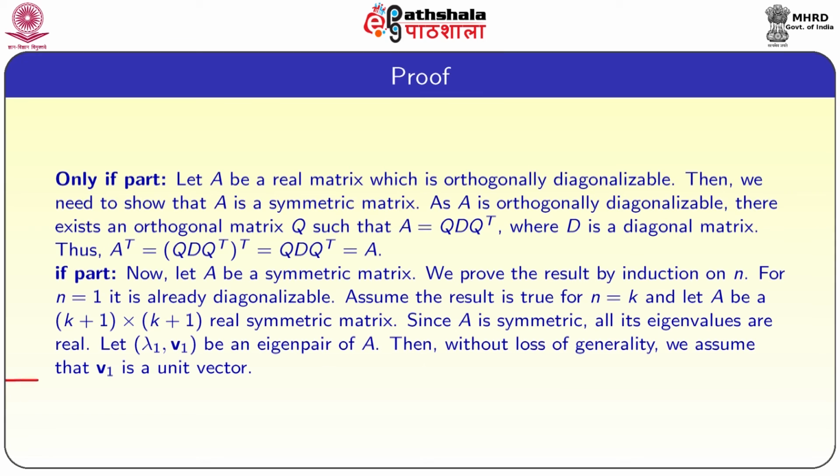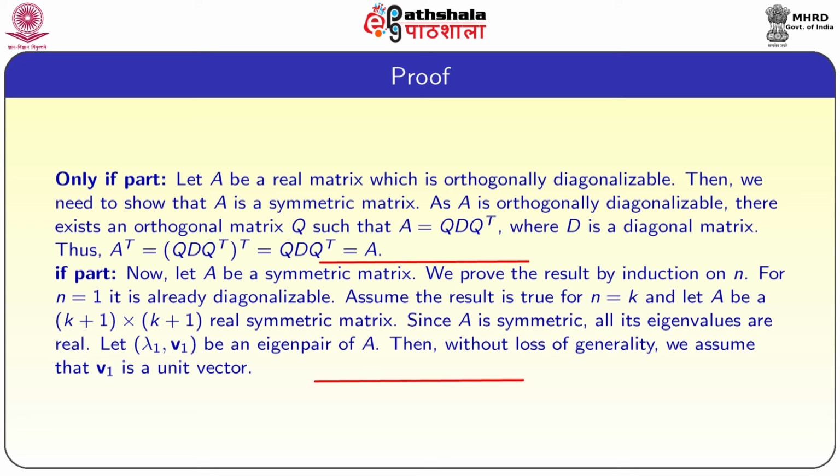Now, we will see the other part, the if part. Let A be a symmetric matrix; we prove the result by induction on n. For n equal to 1, it is already diagonalizable. Assume the result is true for n equal to k, and let A be a k plus 1 cross k plus 1 real symmetric matrix.